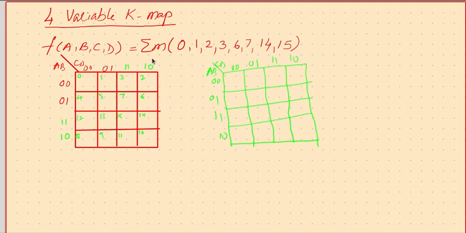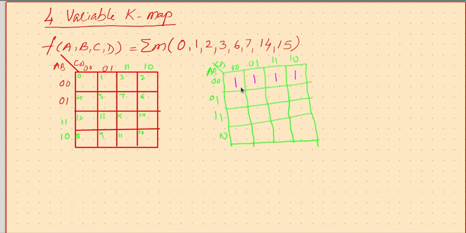Okay, so this output F, which has got inputs A, B, C, D, should be high when the minterm is 0. That means 0 0 0 0. That's minterm 0, this cell. So it has to be high. Okay, let me say 1. Then for 1, it has to be high. For 2, it has to be high. For 3, it has to be high.